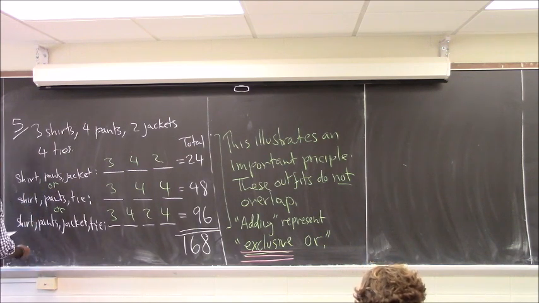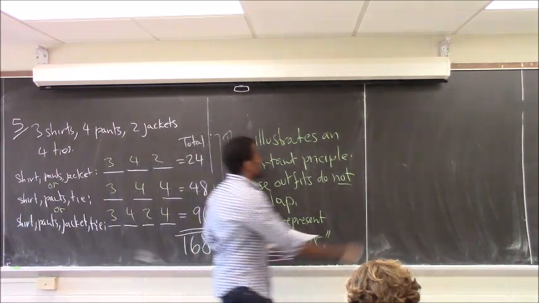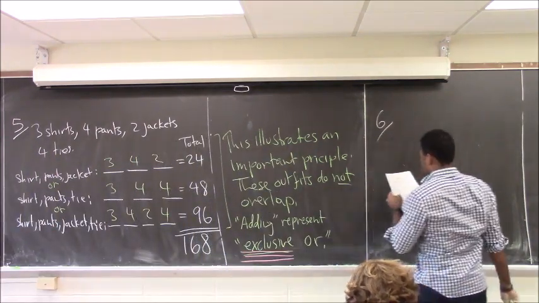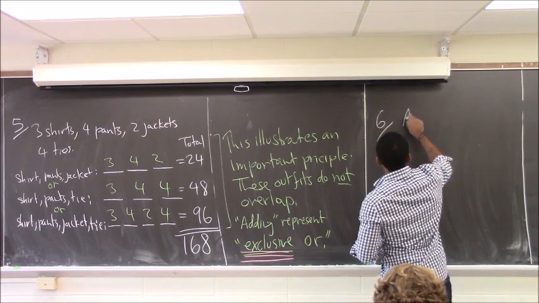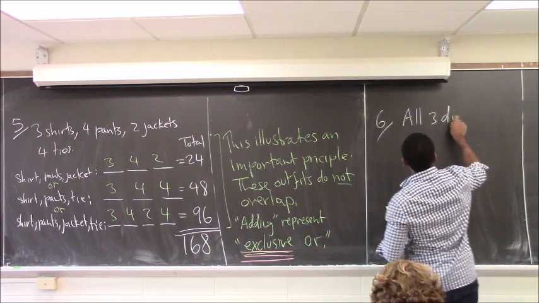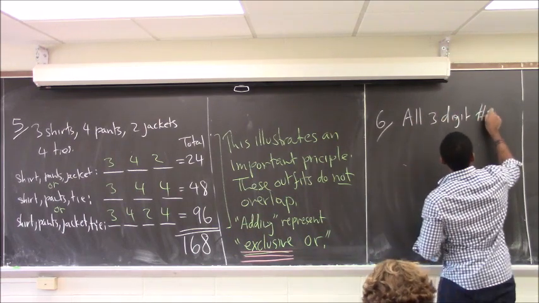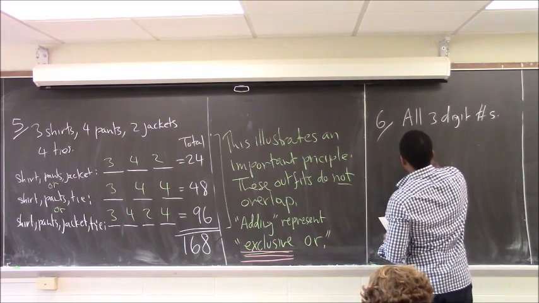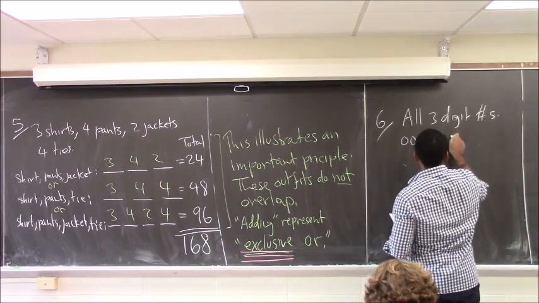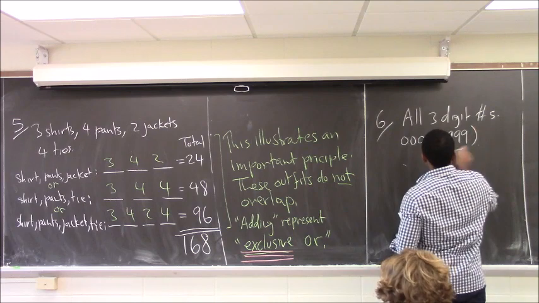Making headway. Consider all possible 3-digit numbers. So you can go from 000, we're including all zeros, to 999.